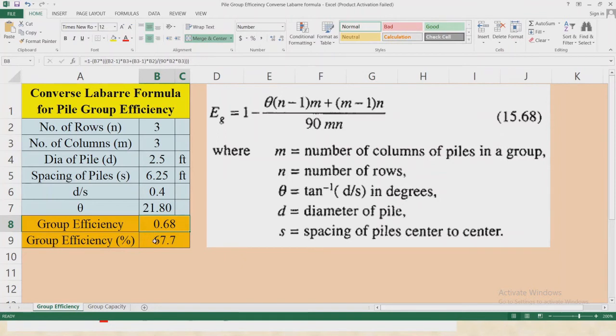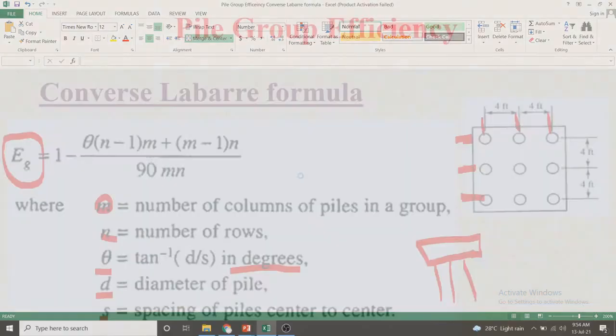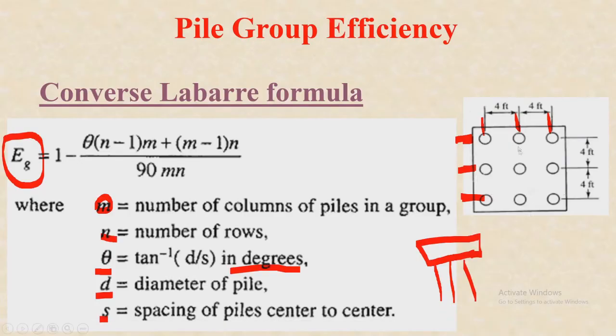I will multiply this by 100 to convert it to a percentage. So now you can see that 61.7% is the pile group efficiency of the assumed case, of this pile group that you are seeing on your screen.